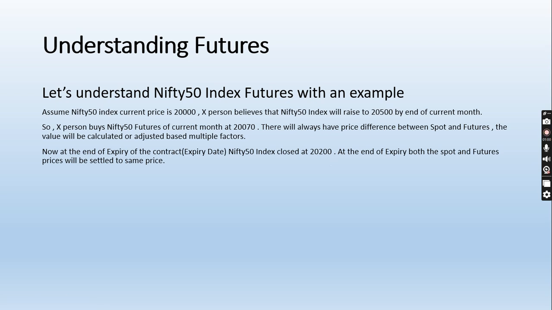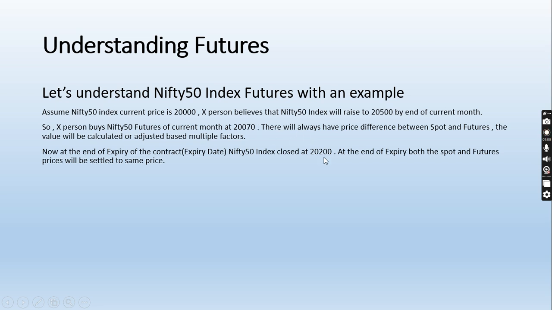One more point to note is that on the day of expiry, both the spot price and the futures price will converge and settle at the same price. So if the Nifty 50 spot price settled at 20,200, the futures price also will settle at the same price.